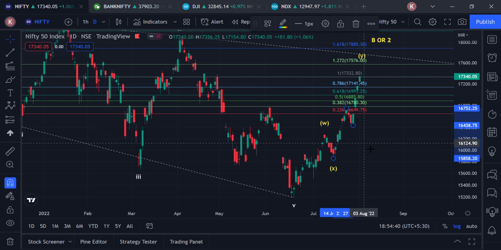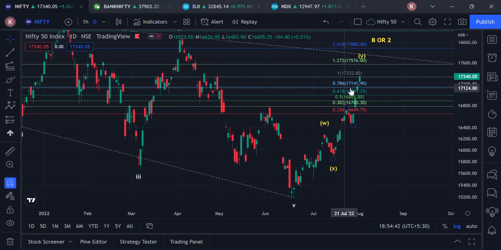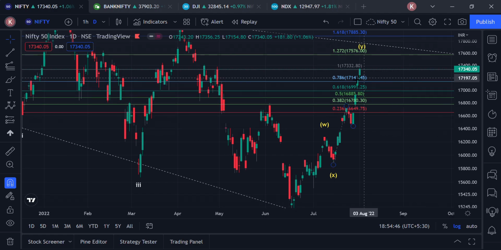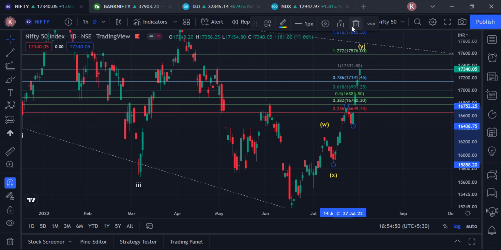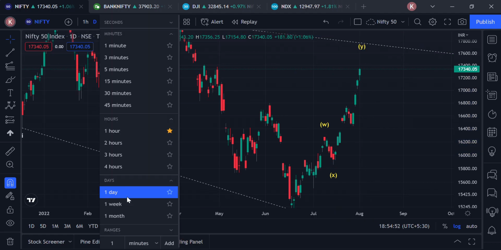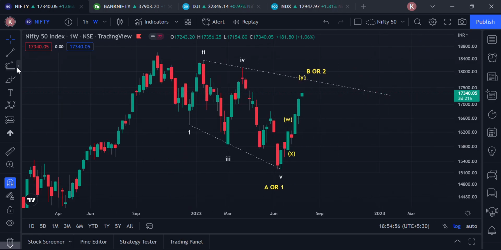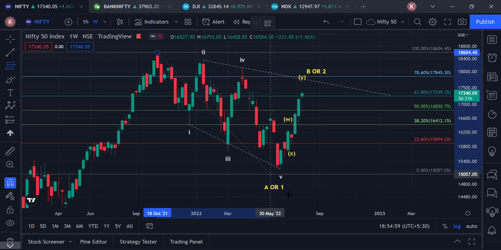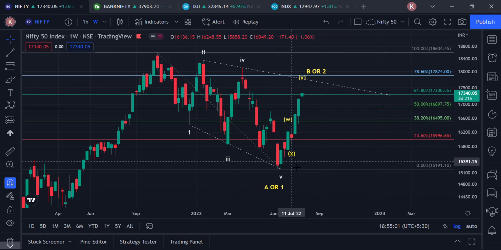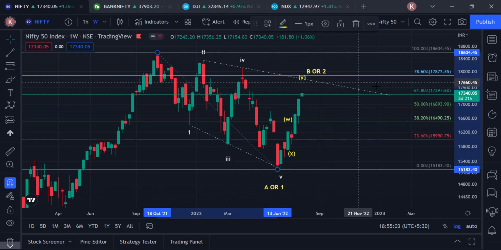See, this is also a good resistance zone, which is 17,332, and it has managed to close above 17,340 today. So there are more chances that it will achieve the target which we discussed, and could be 17,872 odd levels.